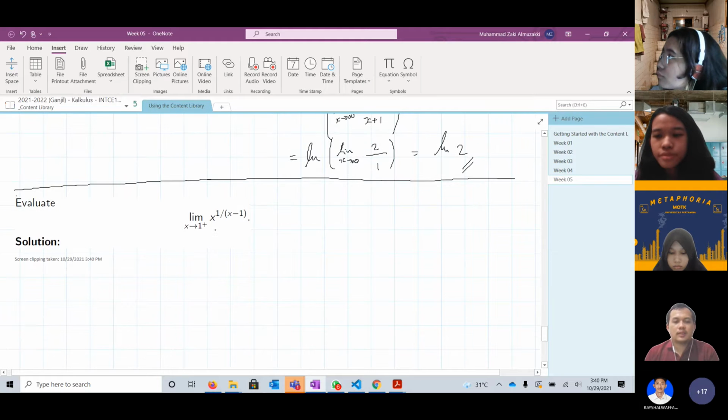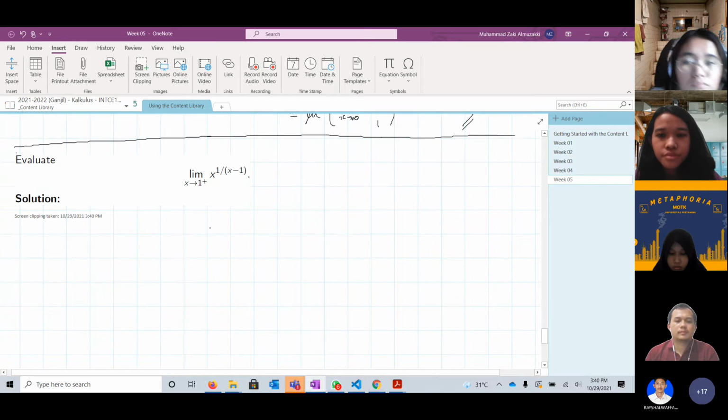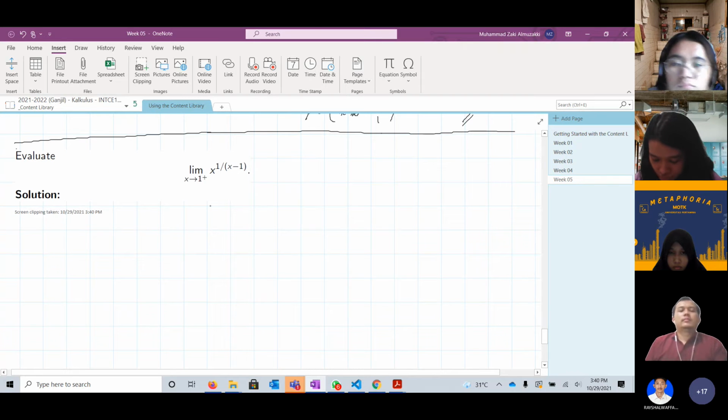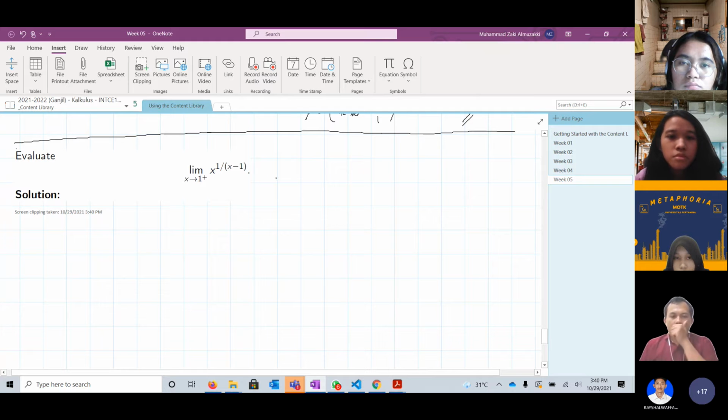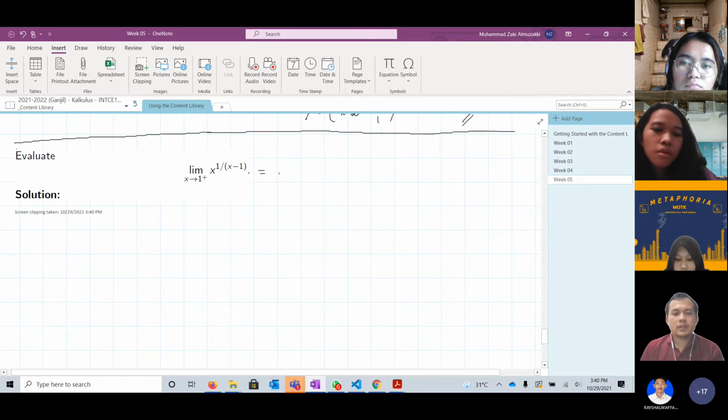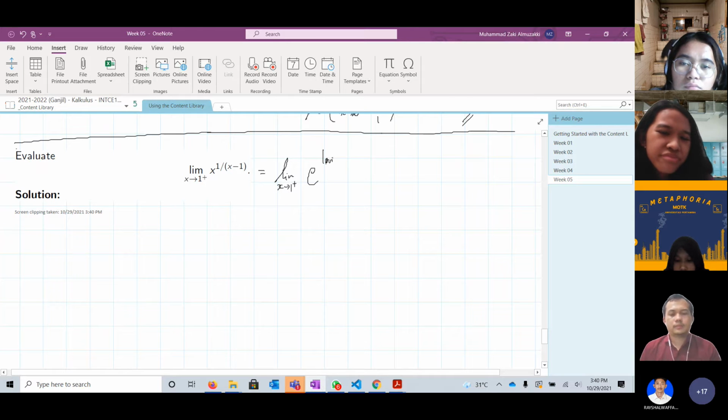For this case, the trick is different. So what we do here is we make this equal to limit x goes to 1 from the right, e power ln of x power 1 over x minus 1.